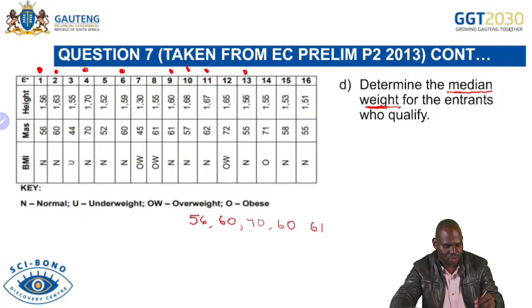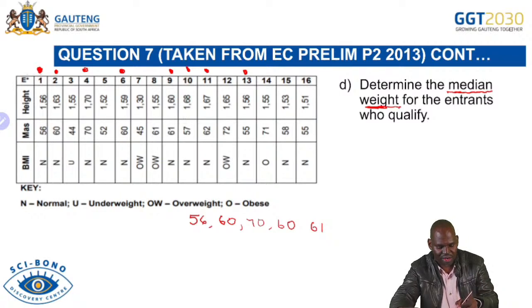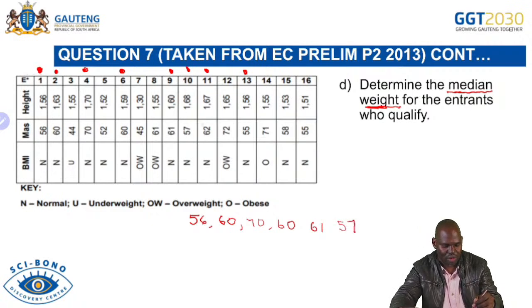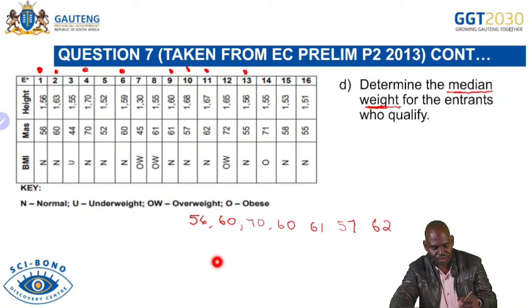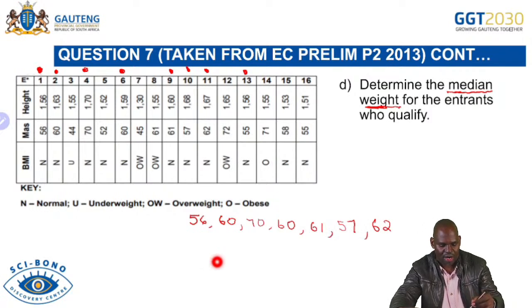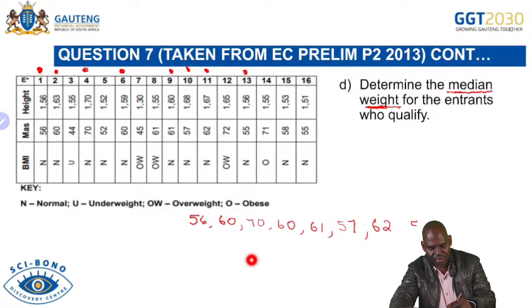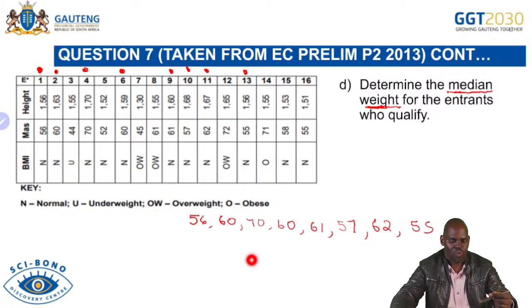And then after 61, we've got 57. Then after 57, we've got 62. After 62, we've got 55. So we need to count again. 1, 2, 3, 4, 5, 6, 7, 8.